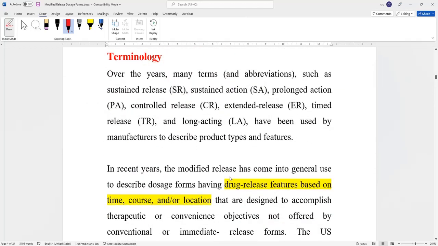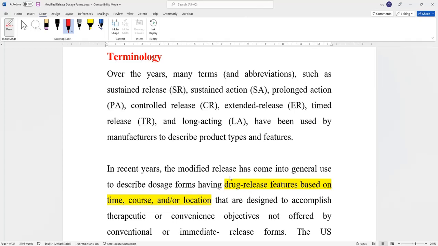Now there are so many terms that are used. Maybe they want to hint at something similar, but they are not the same. You have to be careful, because each type can have a different feature.